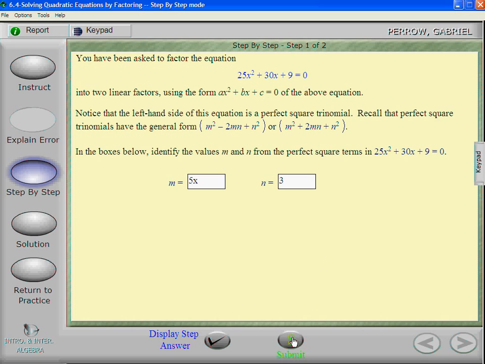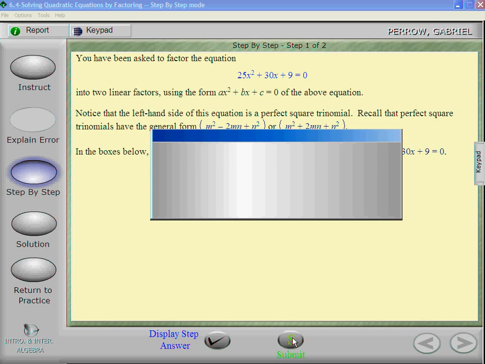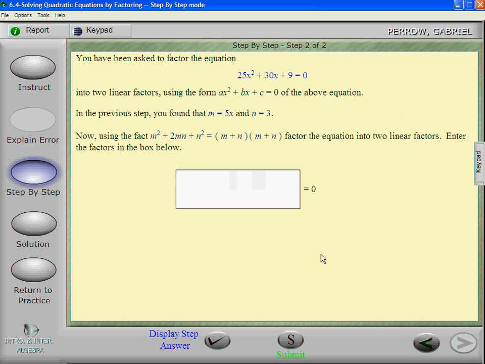You'd probably do better to just have one method, either that or trial and error, and go through all these problems like that. But anyway, to play their game, if you see it that way, 5x and 3, it's a repeat plus pattern, so 5x plus 3, and then 5x plus 3 again.